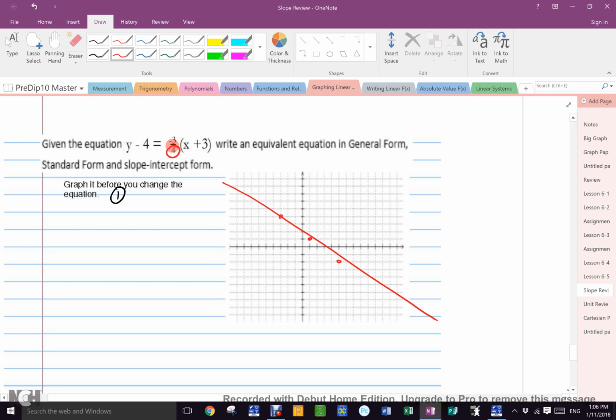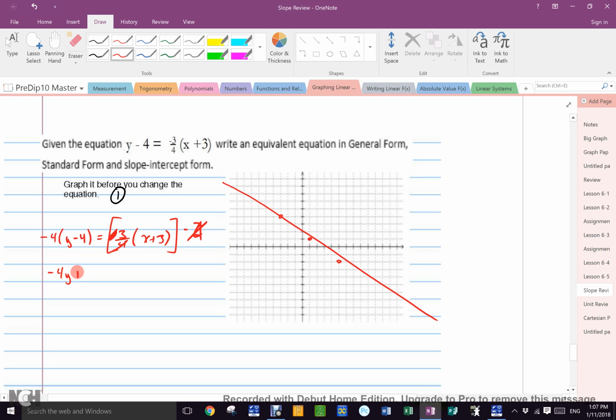I have to get rid of the divided by 4 and a negative, which means I should multiply by negative 4. So negative 4y minus 4 equals negative 3/4 x plus 3 times negative 4. I get rid of that, and that negative. And what am I left with?